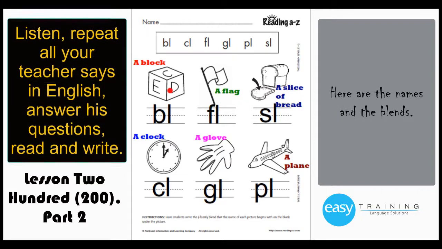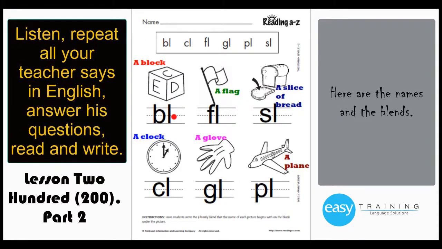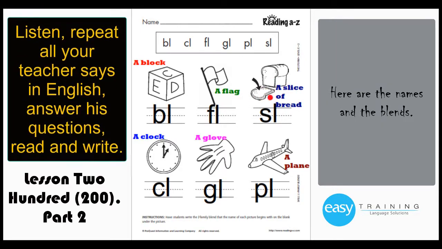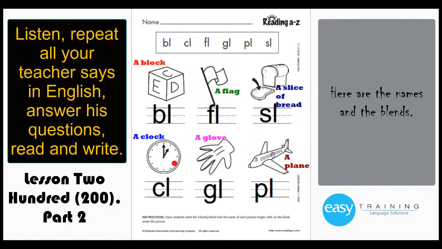This is a block. BL is the blend this word begins with. This is a flag. FL is the blend flag begins with. This is a slice of bread. Slice begins with SL. This is a clock.